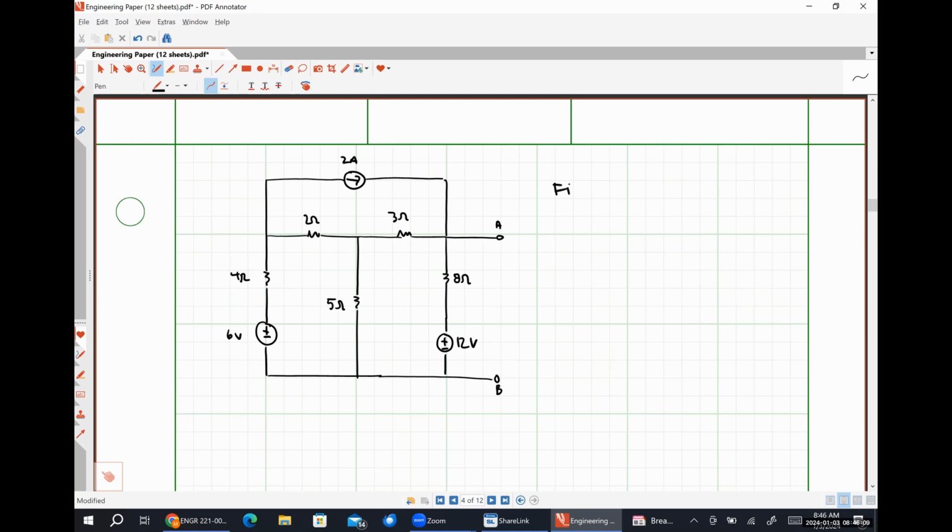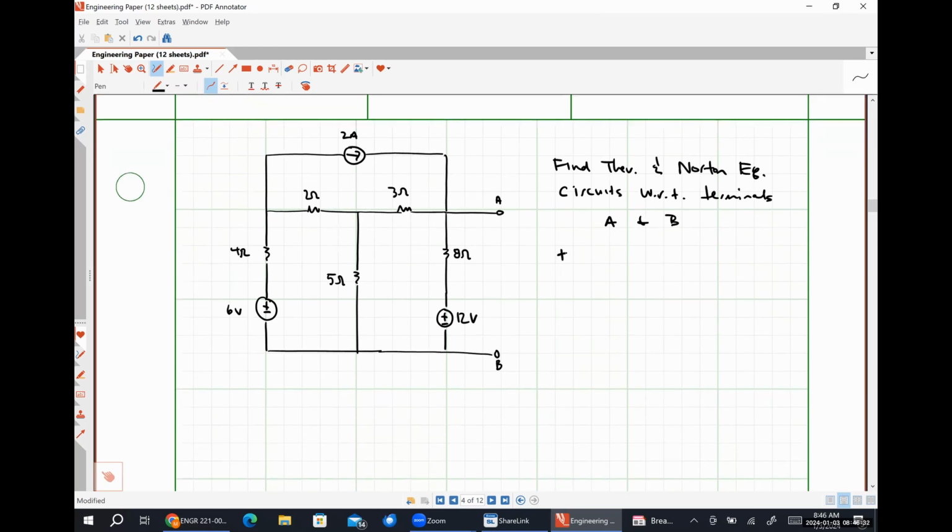And I want to find Thevenin and Norton equivalent circuits with respect to terminals A and B. So let's assume positive is at terminal A and I Norton is now.